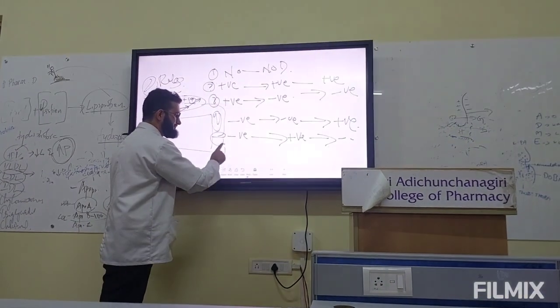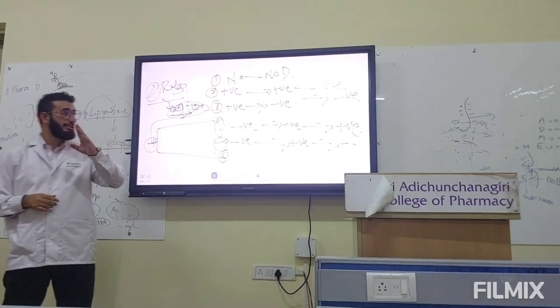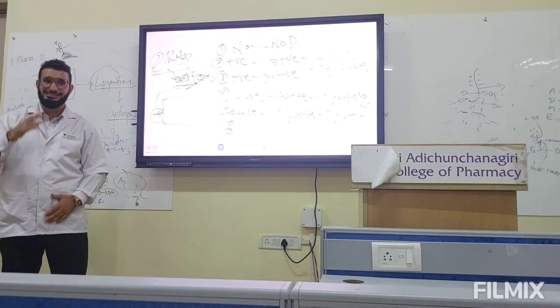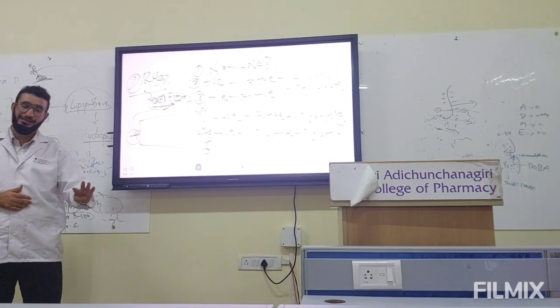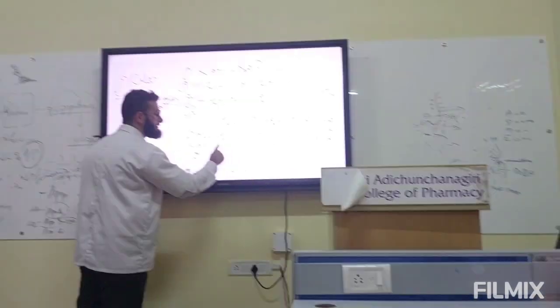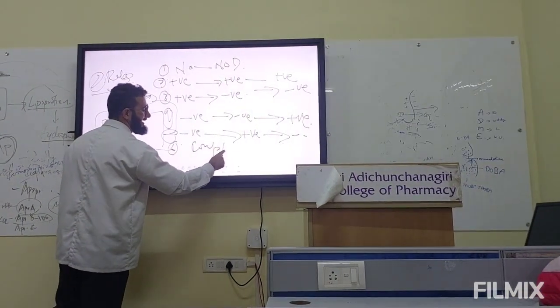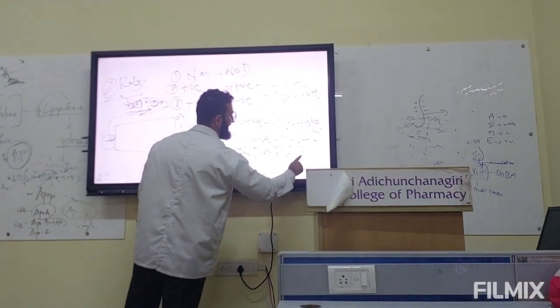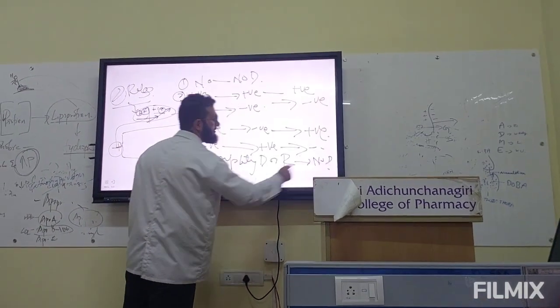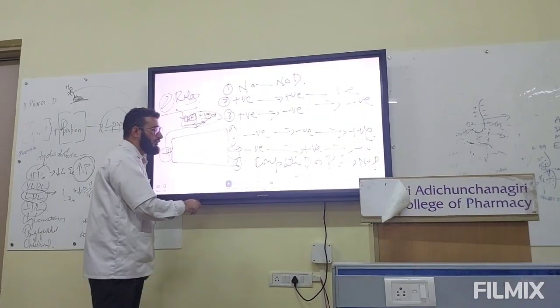Then sixth rule. See, if the myocardial cell is completely depolarized or completely repolarized, there is no deflection. How many rules are there?